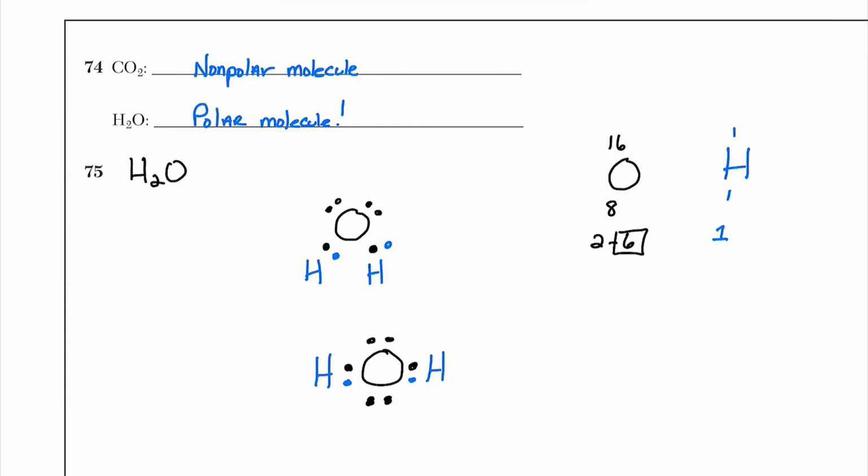Okay, you could use sticks for the bonds. Okay, so you could say oxygen. Okay, there's a bond to the hydrogen. Remember, a bond is a pair of electrons, and then the 2 lone pairs. So many ways to skin a cat. Do you have to show it in a bent form? No, you don't. Okay, all right, so on to number 76.